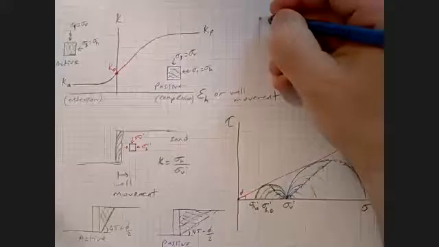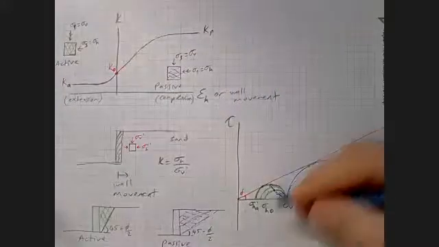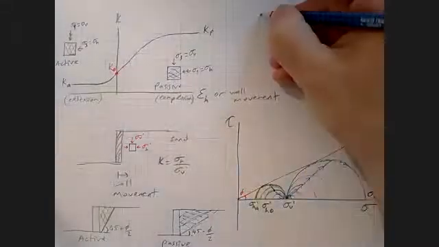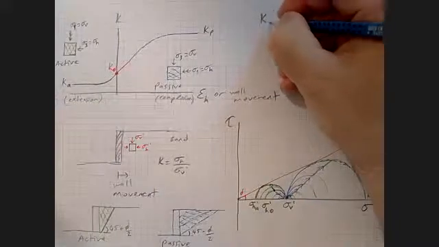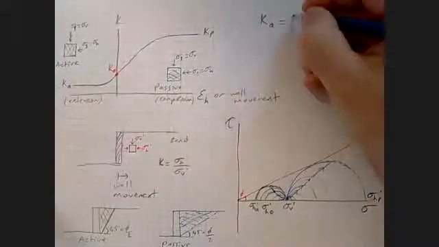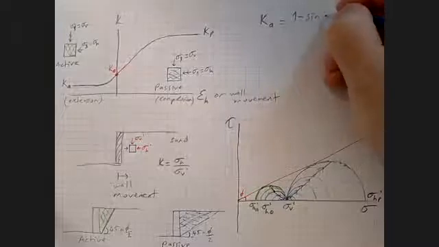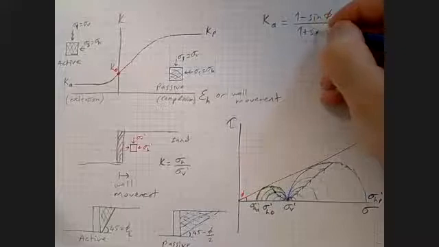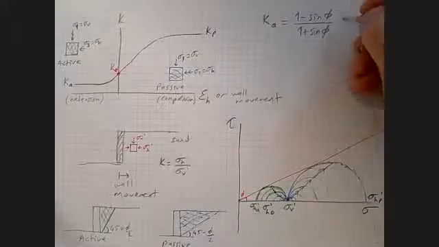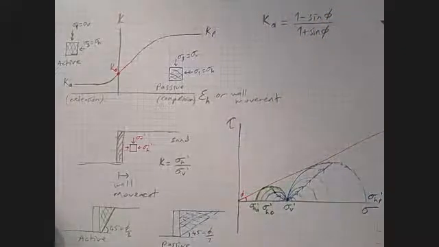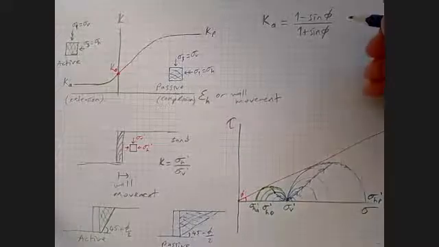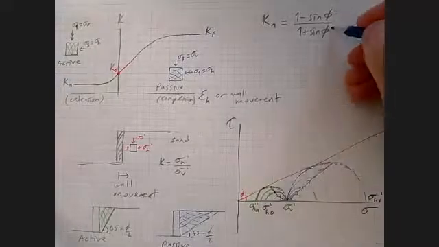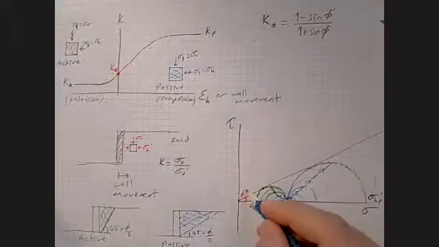And very simply, from trigonometry, you can derive that Ka is 1 minus sin phi divided by 1 plus sin phi. And of course, if you are working with drained parameters, these are all drained.